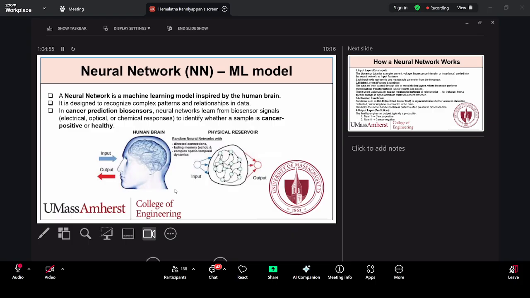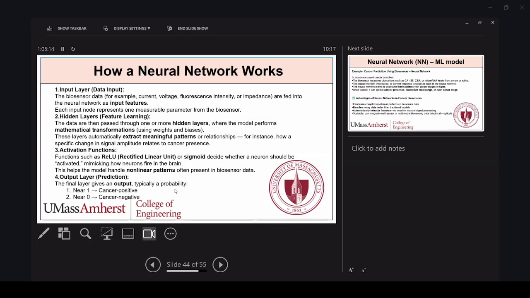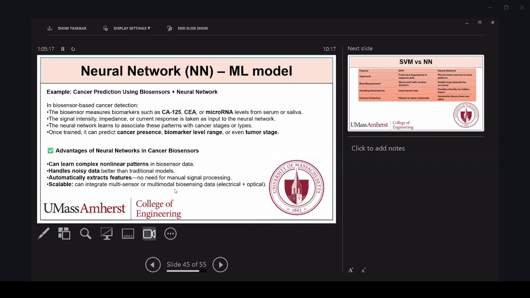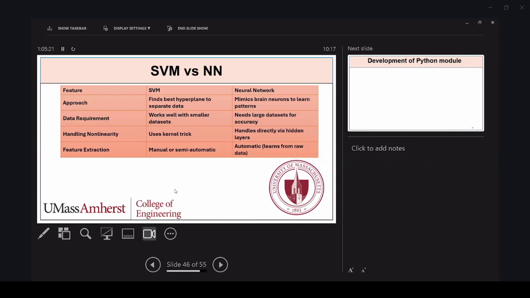It is a bit more advanced, so we wanted to select both the basic one and the advanced one. So we selected the neural network in the cancer prediction biosensor to identify whether a sample is cancer positive or healthy. This is just the basics of the SVM and neural network models.